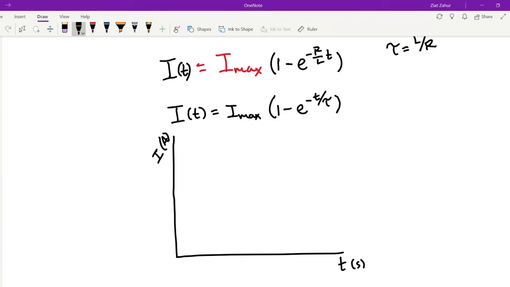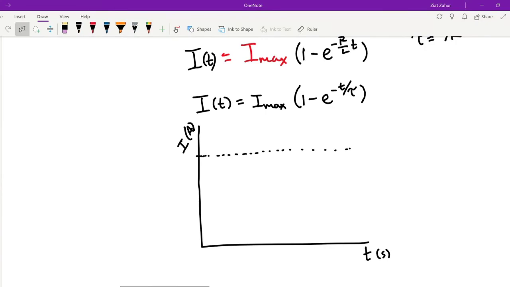Let's do a horizontal asymptote and an exponential curve, like so. This horizontal asymptote happens at I max. We'll just say V over R. And so we start from 0 and then we curve up.